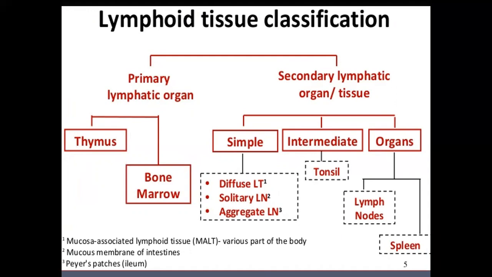They are going to produce your lymphoid cells, the T cells and B cells, B lymphocytes. Secondary lymphatic organs are simple, intermediate, and some lymphoid organs. Simple are diffuse, solitary lymph nodes, and aggregates of lymph nodes. Then you have tonsils and lymph nodes and spleen. They are secondary lymphoid organs.